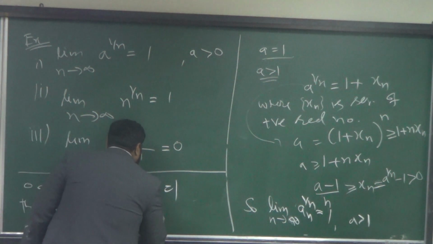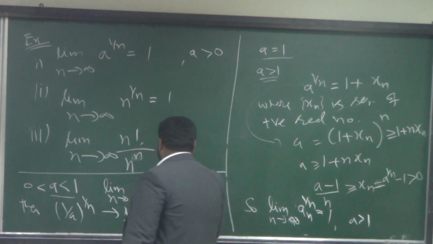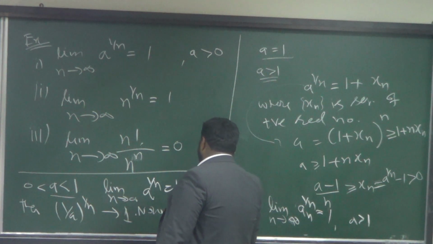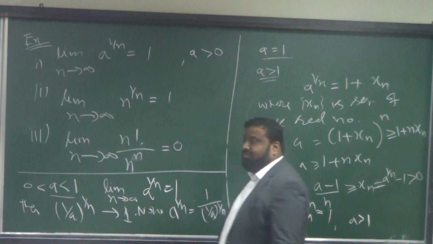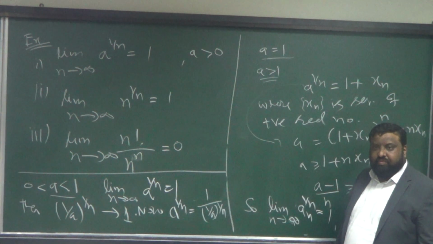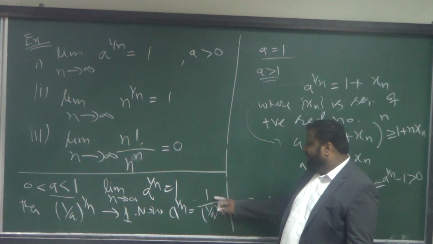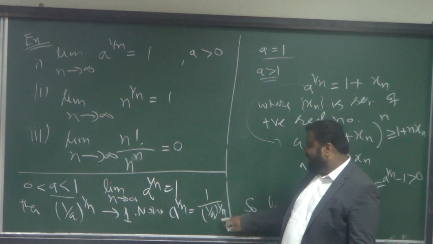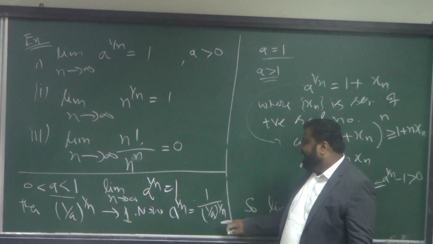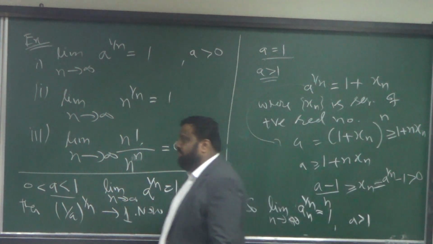Now, I can just say that a raised to 1 over n is basically 1 over (1 over a) raised to 1 over n. You live with it? Okay? So that's converging to 1, and this guy is converging to 1, so that ratio is going to converge to 1.